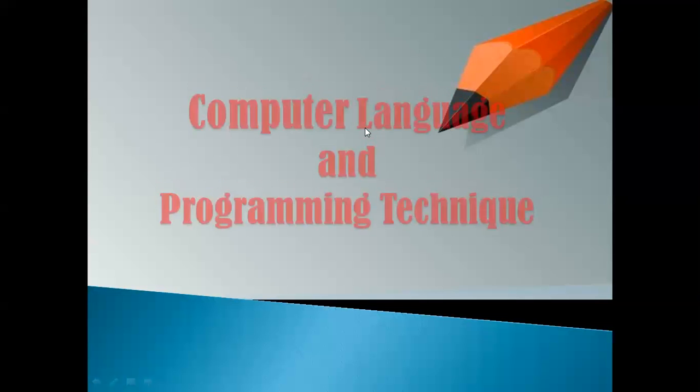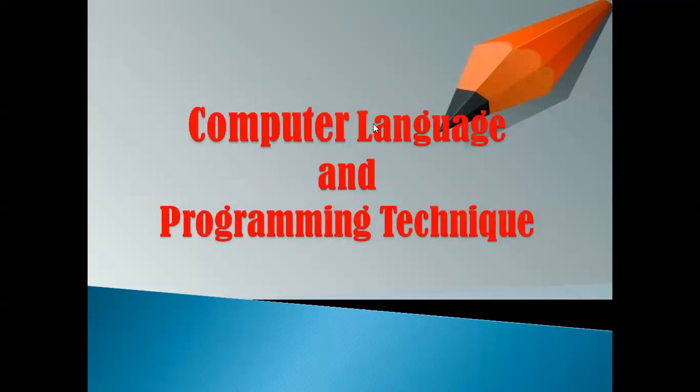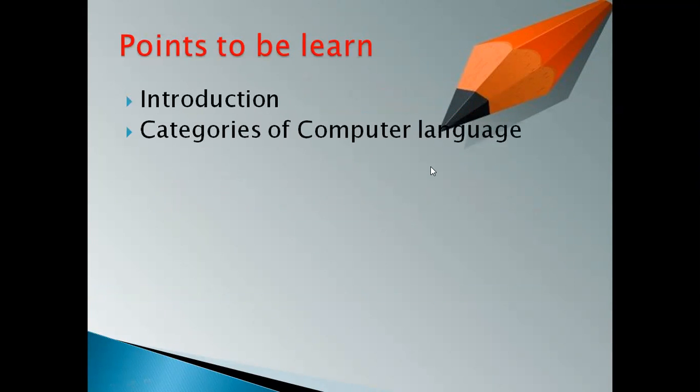So in the previous video, we were learning lesson number 2, computer language and programming techniques. Before continuing with the new topics, let's have a small recap of what we have learned in the previous sessions. In the first session we covered the introduction and categories of computer languages. These 2 points we covered in the first video.